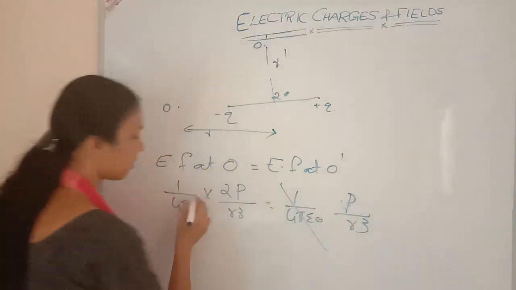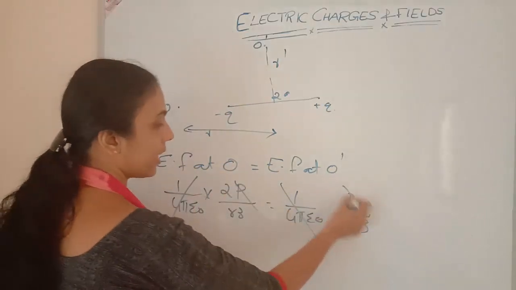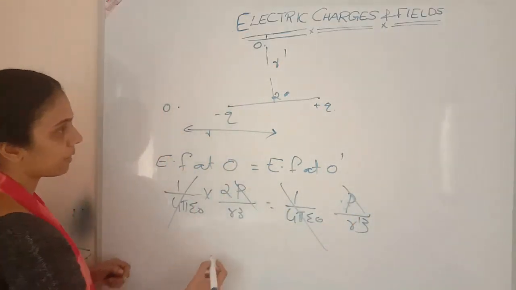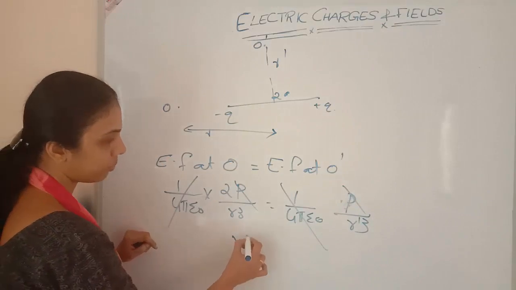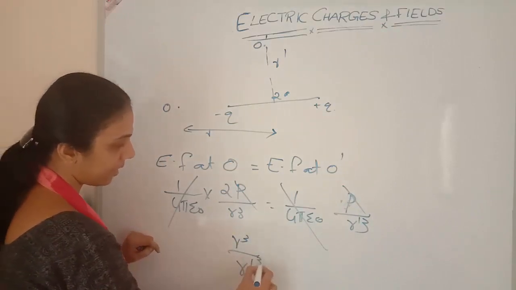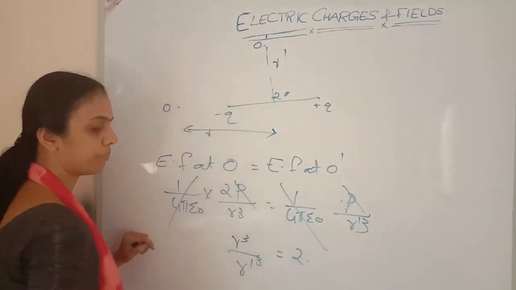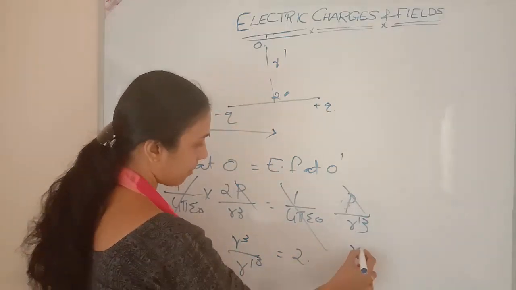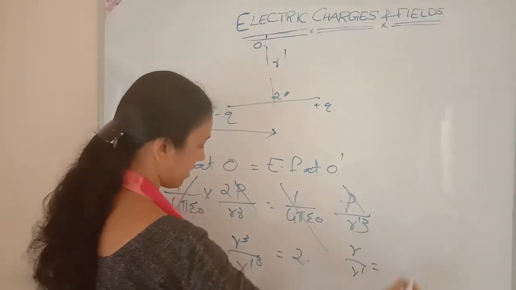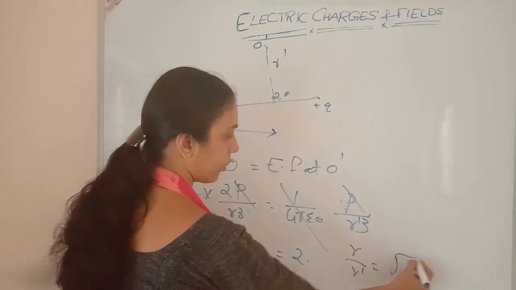The 1 by 4 pi epsilon 0 and p will get cancelled. So we will get r cube divided by r dash cube equals 2. So we can write r by r dash equals cube root of 2.